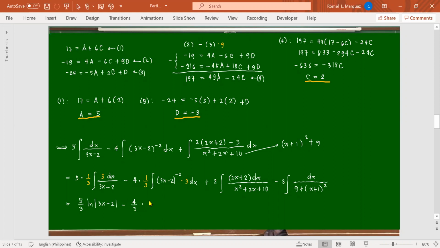This is u to the n plus 1 over n plus 1, then plus 2 times du over u. So this is du, this is u, ln of this quadratic. Since this sum is never negative, no need for absolute value here.